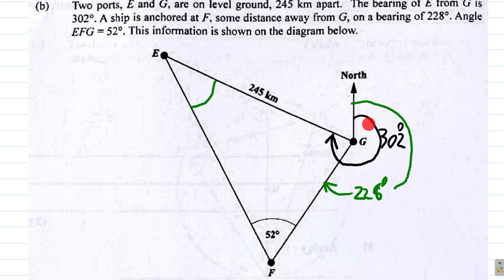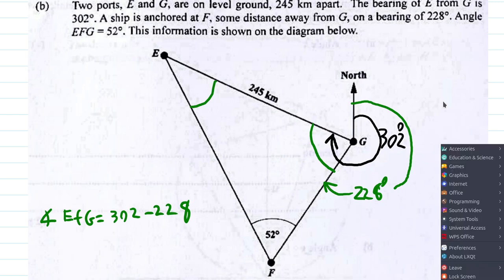Now remember, if you swing right around and come here, you go 302. If you swing right around and stop here, you go 228. So what is it from here to here? That angle FGE would be equal to 302 minus 228. That is what you would get, right?